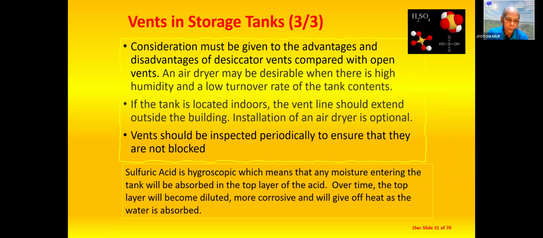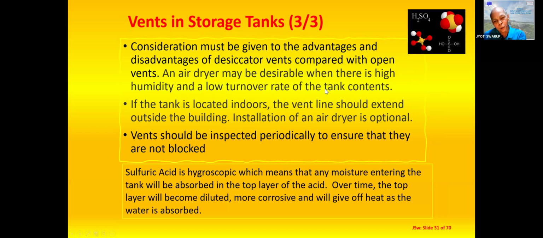Now, consideration must be given to the advantages and disadvantages of desiccant vents compared with open vents. What it means is we install a desiccant dryer onto the vent if it is required, so that a study has to be made, because sulfuric acid may start absorbing the atmospheric humidity.